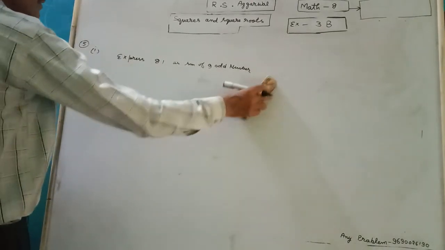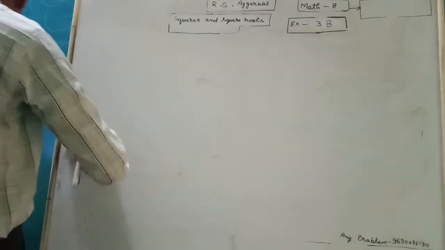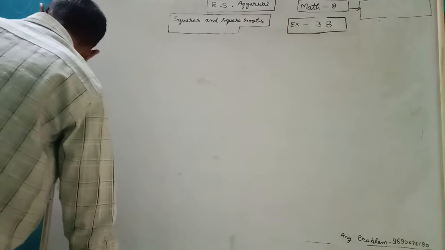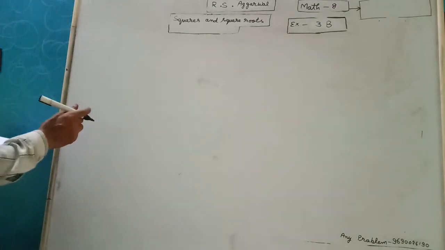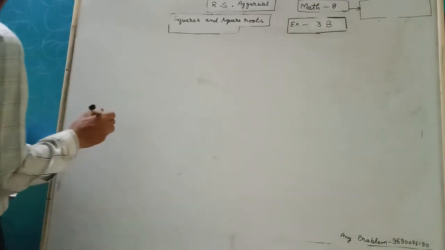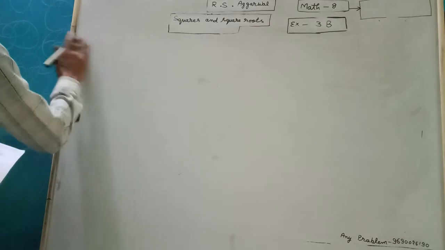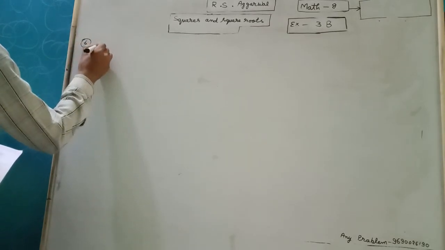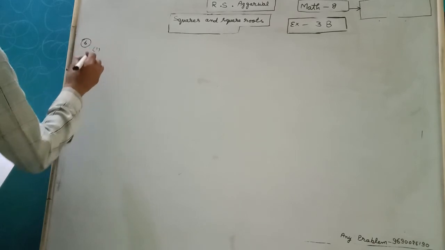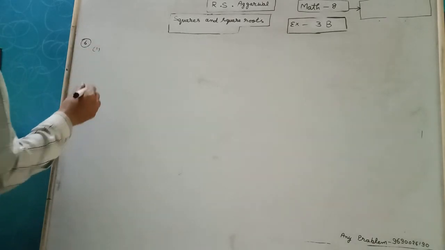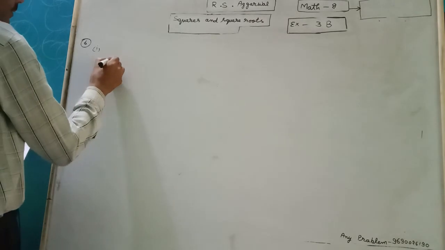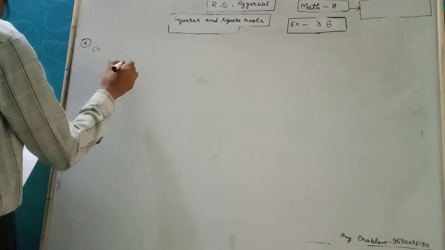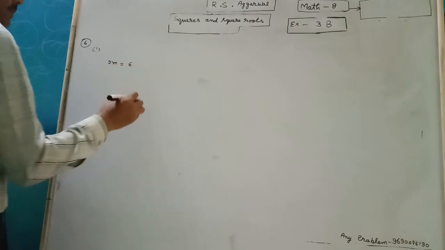Question number 6. 6 is write the Pythagorean triplet whose the smallest number. Question number 6, first part. Smallest number 2m is equal to 6.